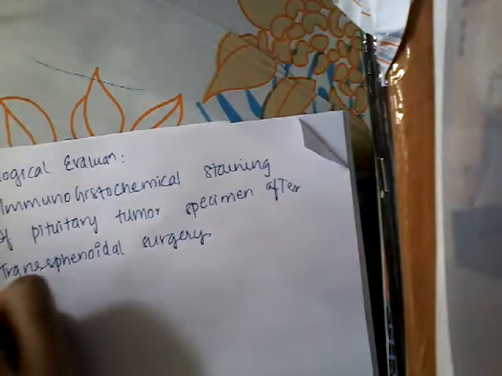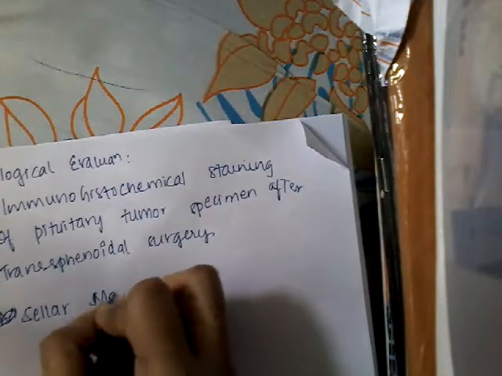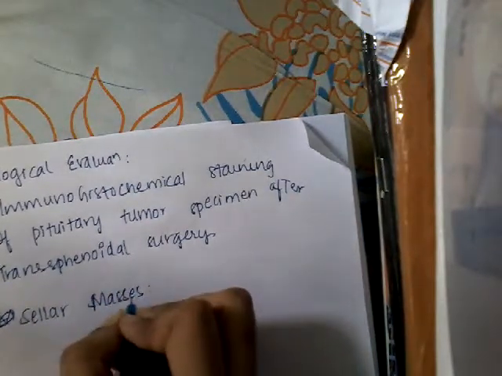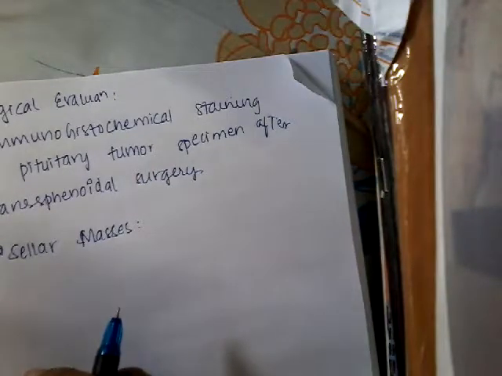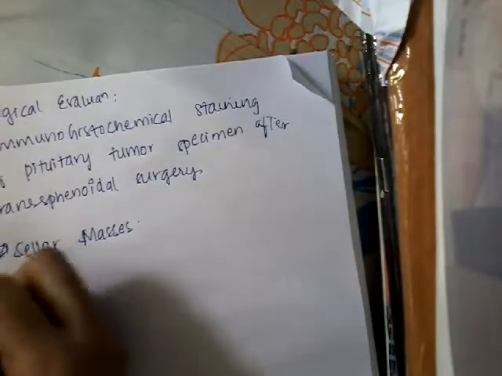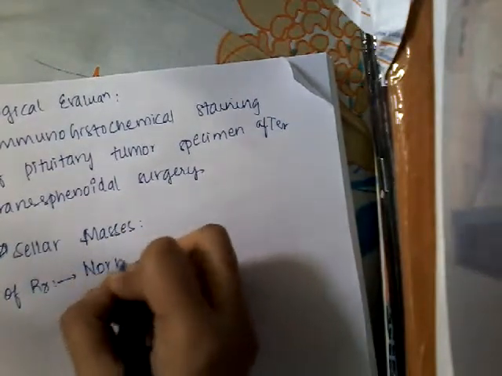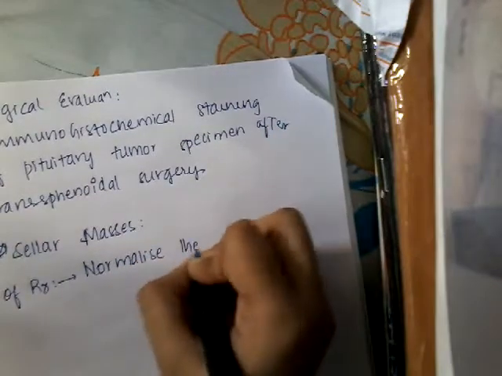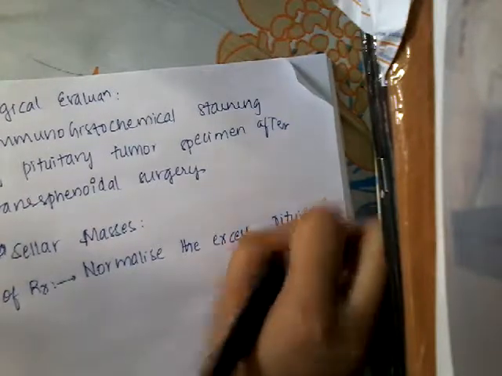And how do you treat these masses? Cellular masses, all the cellular masses, maybe hypothalamic, pituitary, or which have extracellular extension. How are you going to treat it? So we have done MRI with gadolinium contrast, and we have found out the major pituitary tumor, where it is, and then the major goals of treatment include: 1, normalize the excess pituitary secretion.